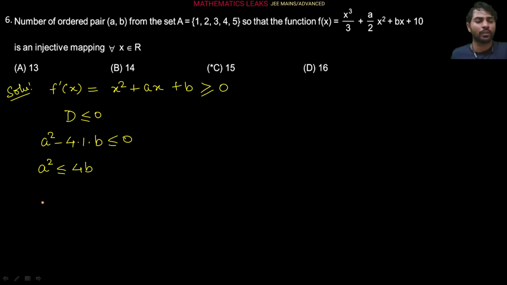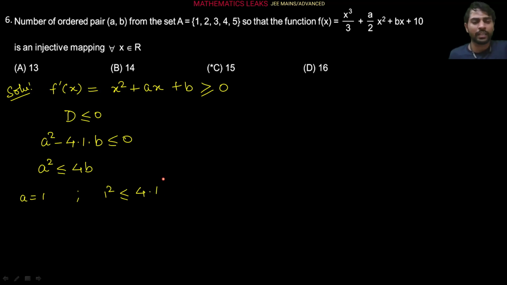So let's observe here. If a is equal to 1, b can be 1. You can observe 1 square is less than or equal to 4 times b. b can be 1, then 4 into 1 is 4, which is greater than or equal to 1 square. Yes, it is satisfied here.